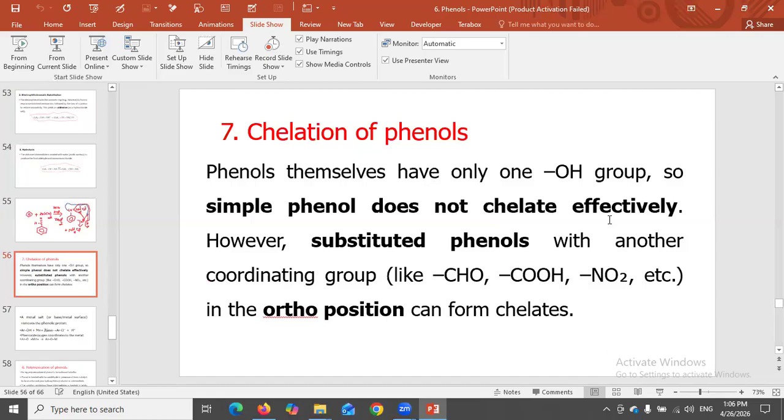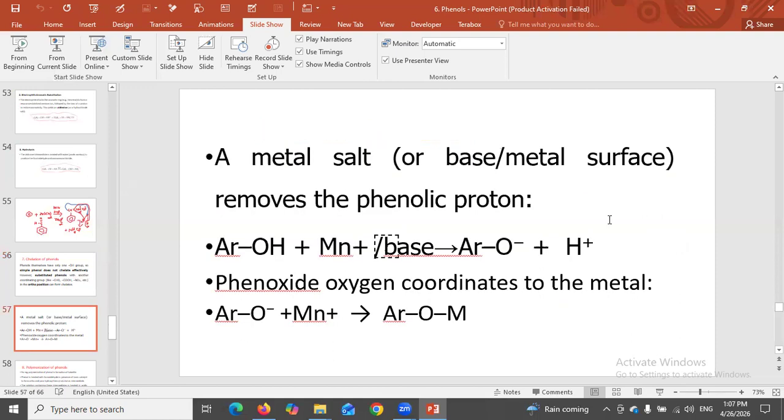However, substituted phenols with another coordinating group such as aldehyde, carboxylic or nitro at the ortho position can form chelates. A metal salt removes the phenolic proton, the aromatic hydroxyl.